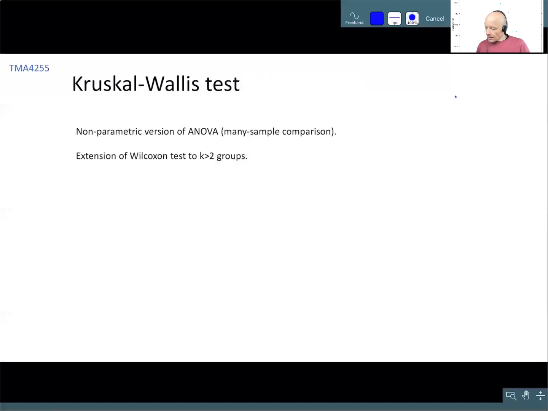So here we say that we have Xij, where i is 1 up to k groups, and for each group we have ni samples, and we say that n in total is all the sample measurements.